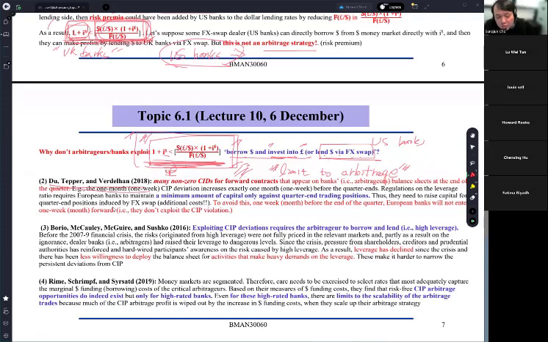I'm going to explain this more clearly in this Friday's lecture, but basically what they said is, if you want to buy or sell forward contracts, so you are working for a US institution, in order to implement this arbitrage strategy you have to buy forward or sell forward, right? It means you have to take a position in a forward contract.